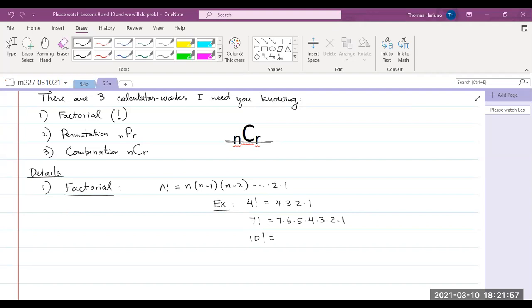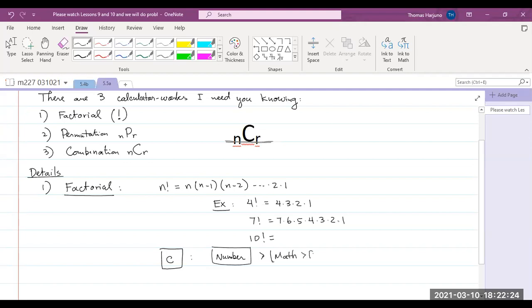The way you use the calculator will be: put the number in and then math, then PRB.